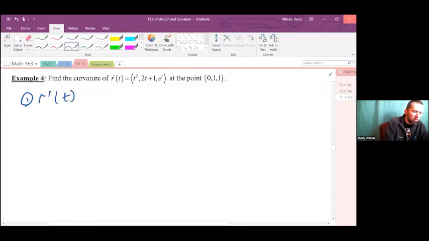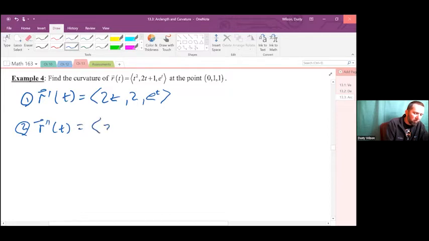So r prime of t is equal to 2t, comma 2, comma e to the t. From there, we can get that r double prime of t is equal to 2, comma 0, comma e to the t.